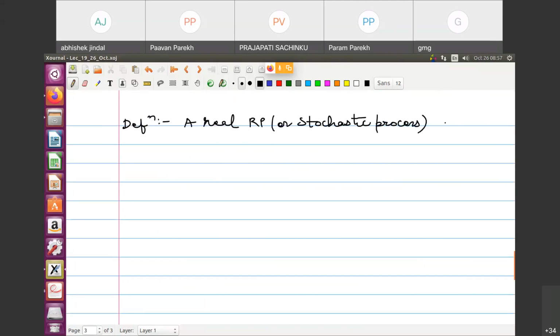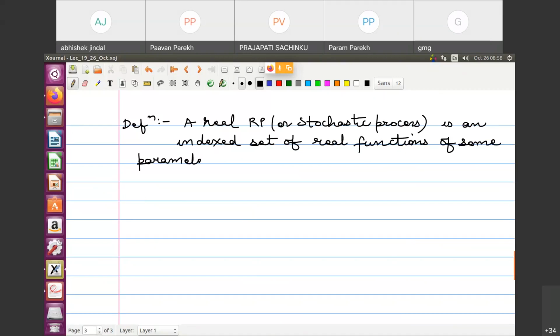is an indexed set of real functions of some parameter, usually time, that has certain statistical properties.